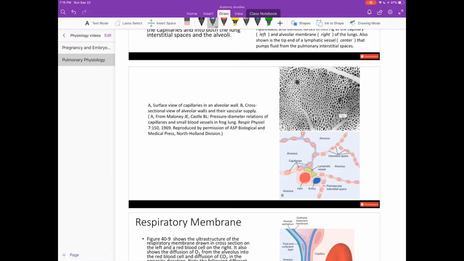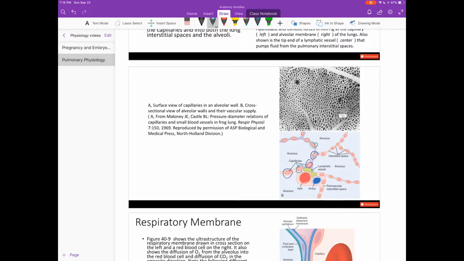The image here on the right simply shows that we have lots of pockets of alveoli, and between the alveoli are all these capillaries, tons of capillaries, larger veins and arteries and lymphatic vessels and bigger interstitial spaces.